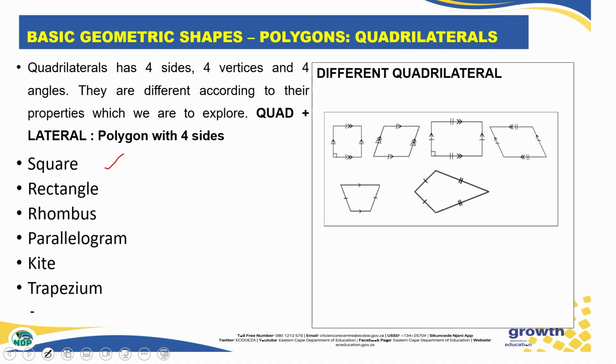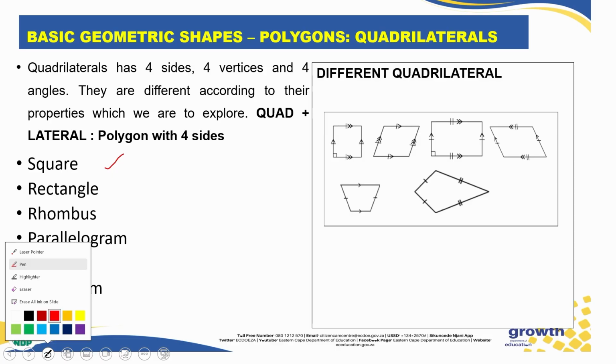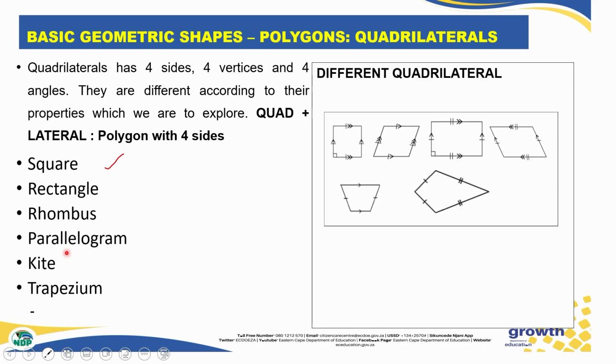What makes each of these polygons different from the others? What makes a square different from the other polygons? They have the same common characteristics of having 4 sides, 4 vertices, and 4 angles.